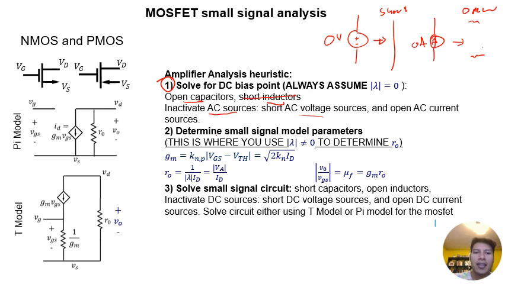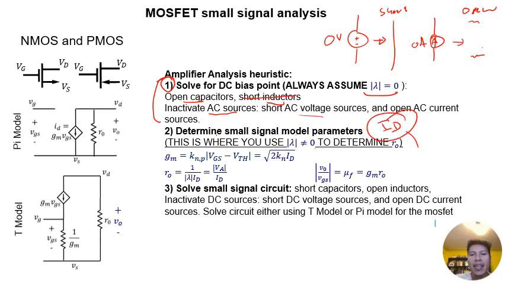So we're going to first derive our DC circuit model, inactivating all AC sources, opening capacitors, and shorting inductors. And we're always going to assume that lambda is 0 when we do our DC analysis. It doesn't matter what lambda they gave you in the original question. Once we have that circuit, we will determine ID from that circuit.